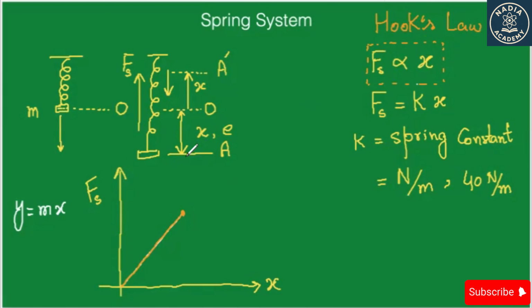So now, to understand the concept of Hooke's law and this graph, let's translate this spring system in the form of deformation in the materials or in the system. So here, what we did, we gave an extension, that is, we tried to deform the system.